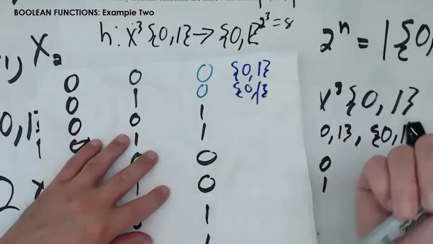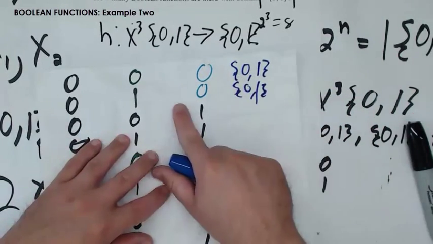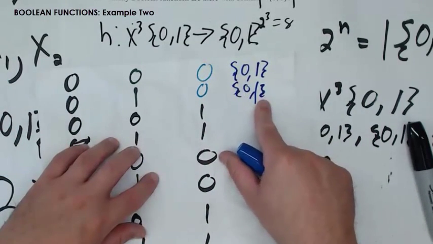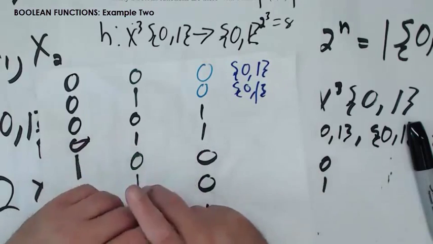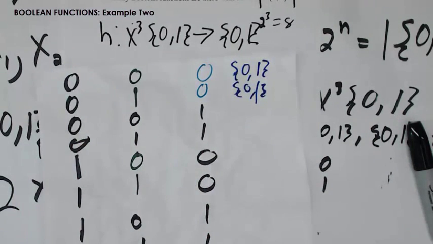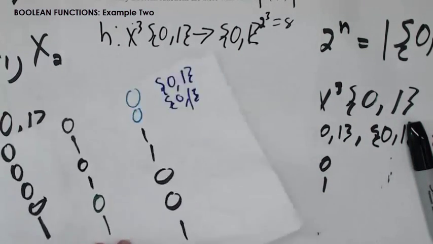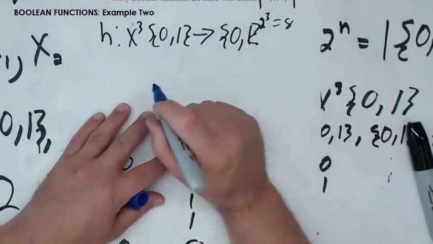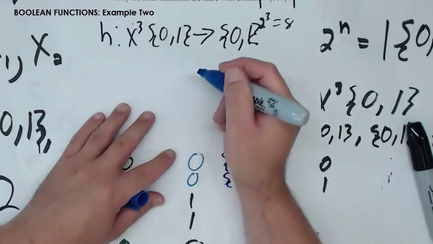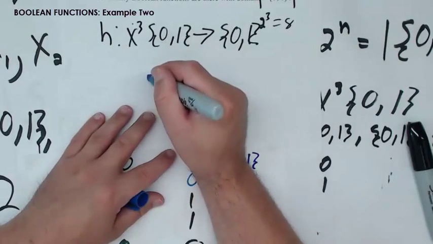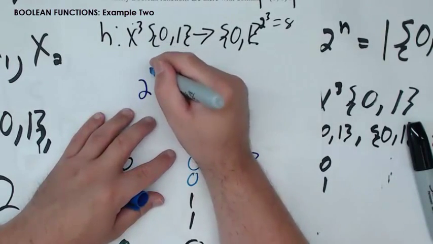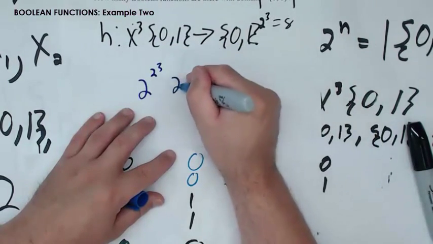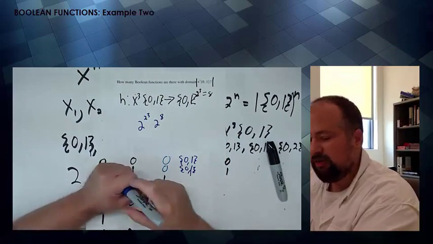When we're talking about the range, for each potential input, we still have 2 potential outputs. And we don't use one up. It's never gone. So in fact, how many Boolean functions are there with a domain x raised to the 3, 0, 1? The answer is 2 raised to 2 to the 3rd, which is 2 to the 8th.